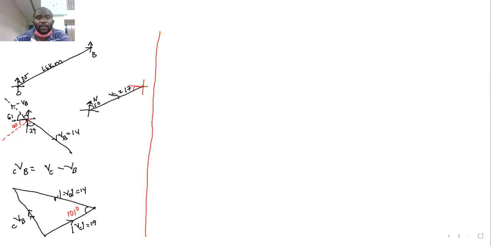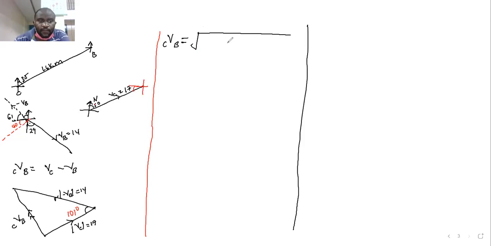And we can say the velocity of the cruiser relative to the battleship is going to be the square root of 14 squared plus 17 squared minus 2 times 14 times 17 cosine of 101.